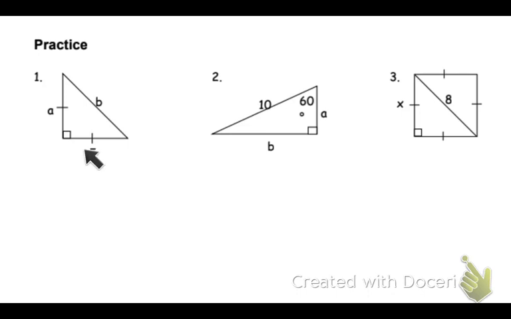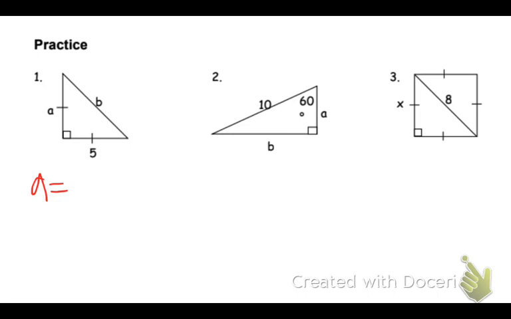remember, if I was there, I would ask you guys what they mean, and hopefully someone could say it out. But these two markings tell us these sides are congruent. So if these two sides are the same, well, that's characteristic of a 45, 45, 90 triangle. Because remember in the pattern, it's x, and then x root 2. But in a 30, 60, 90 triangle, there's not two sides that have the same value. So in this case, we already could figure out a without having to do any work.